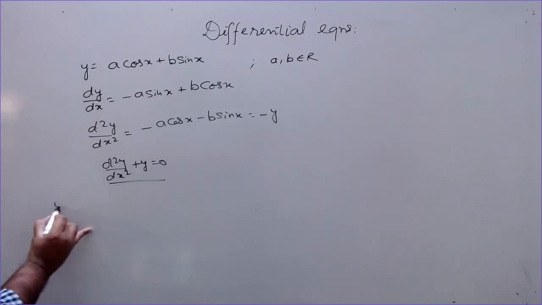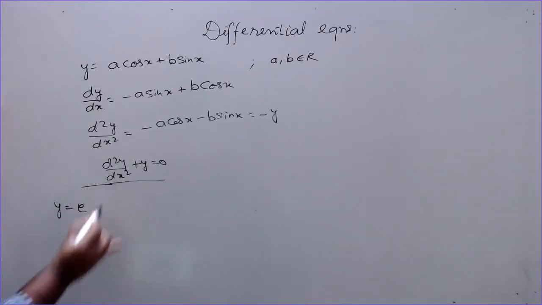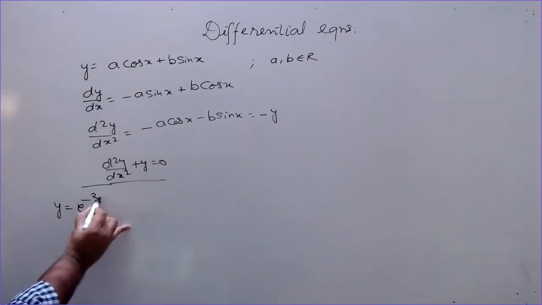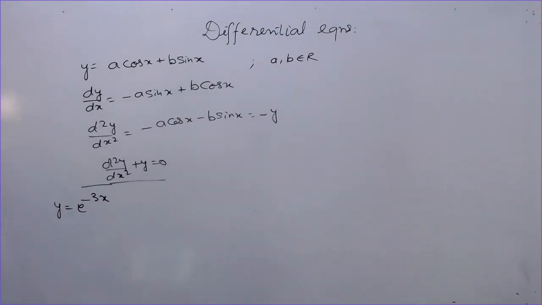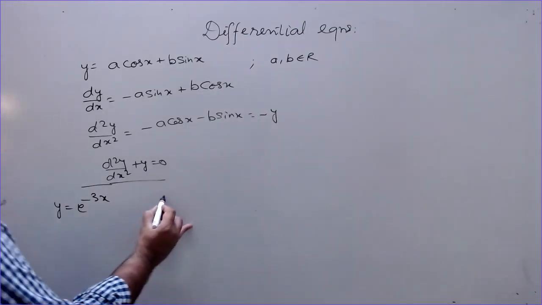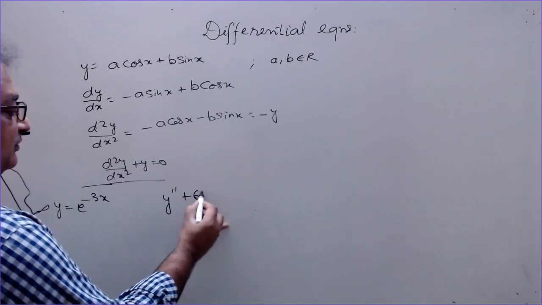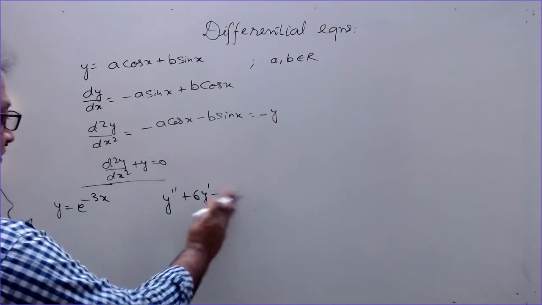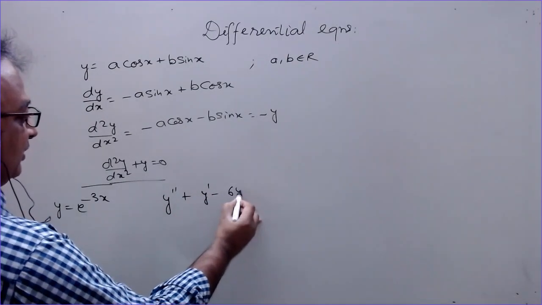Another example can be y equal to e to the power minus 3x, and we have to prove that the differential equation is y double dash plus 6y dash minus y dash minus 6y equal to 0.